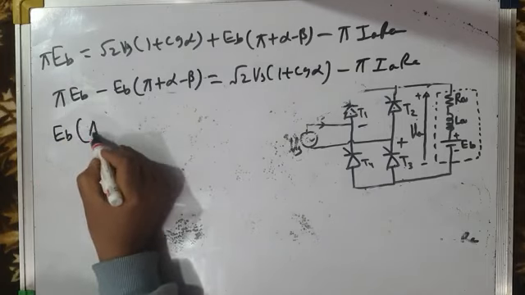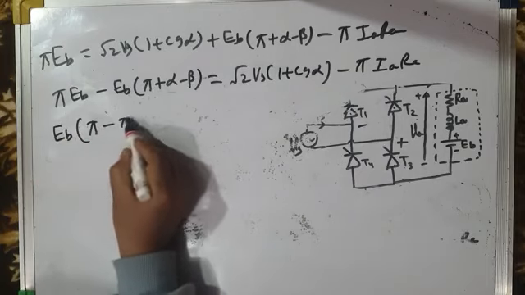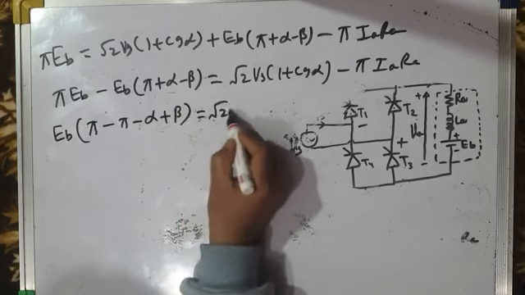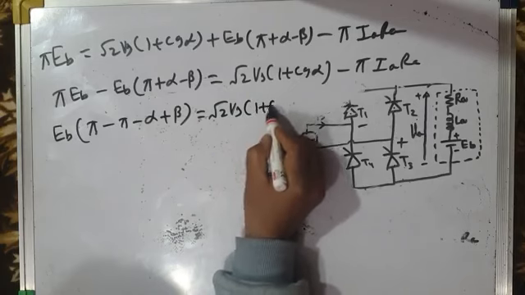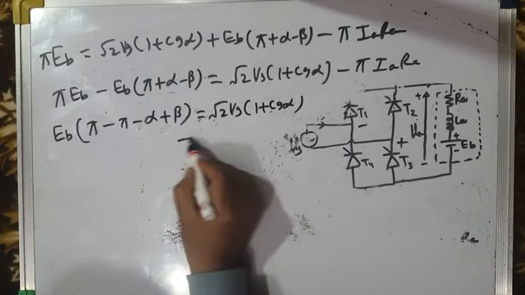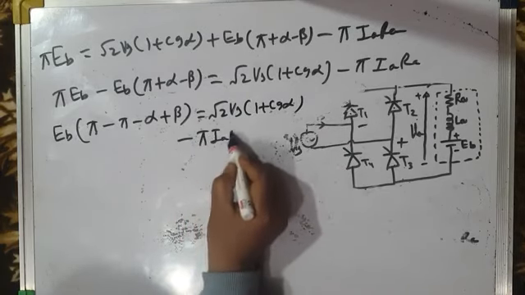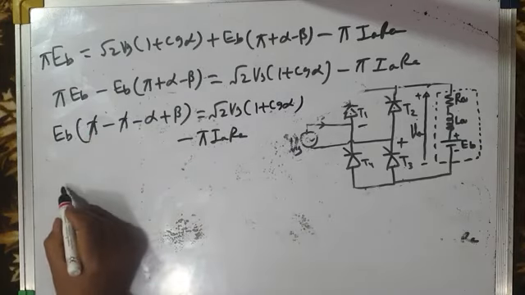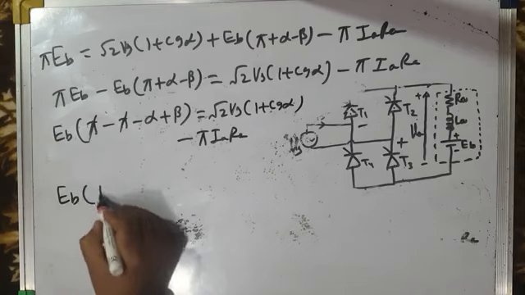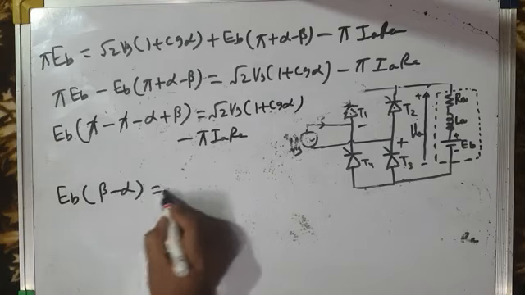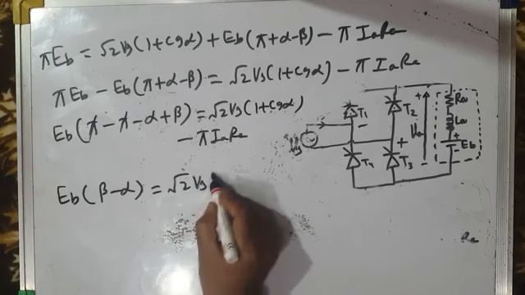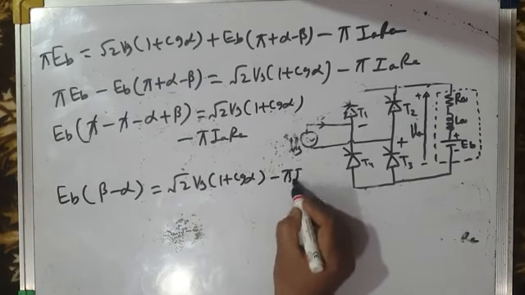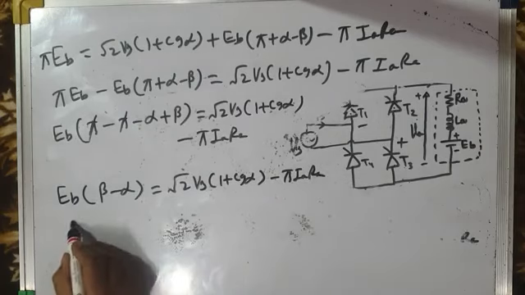What I get inside is pi minus pi minus alpha plus beta, equal to root 2 Vs times (1 plus cos alpha) minus pi Ia Ra. So plus pi minus pi add up to 0. So I get EB times (beta minus alpha) is equal to root 2 Vs times (1 plus cos alpha) minus pi Ia Ra.